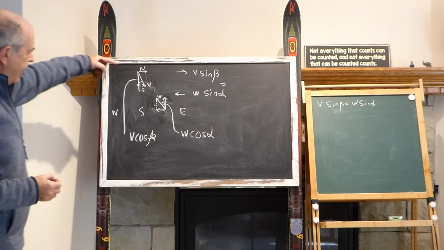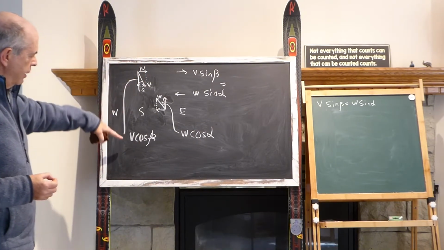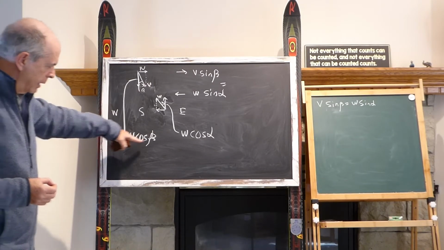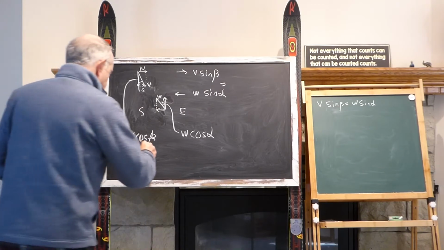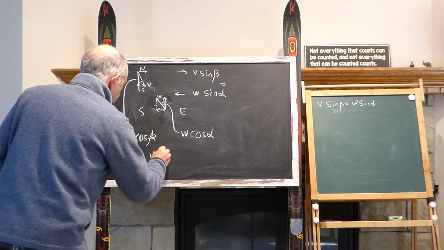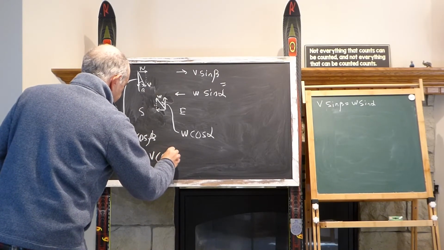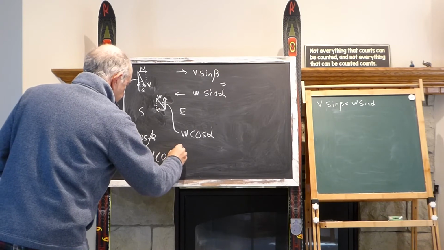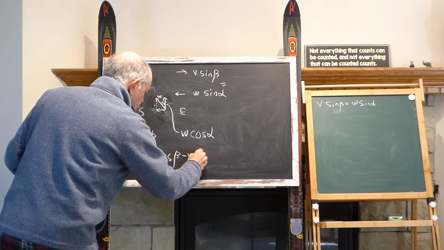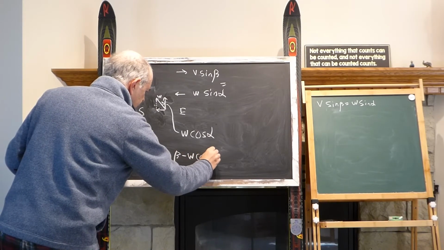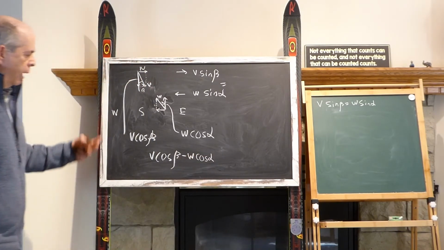And so when the aircraft is moving from here, this of course has to be bigger than the wind component. So the total speed would be V cosine beta minus W cosine alpha.